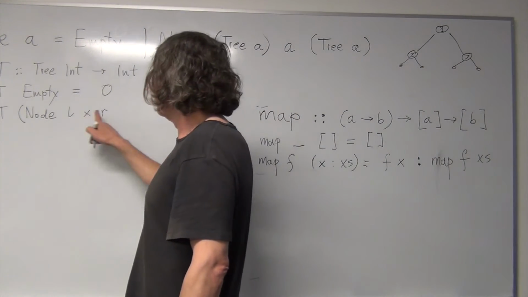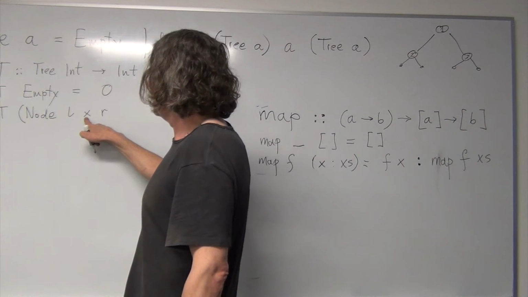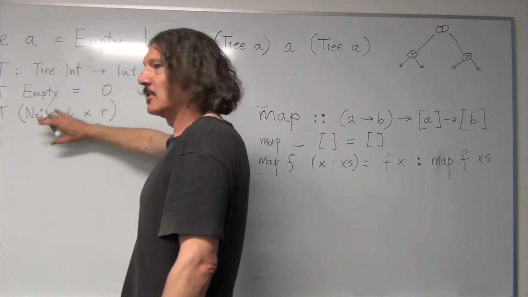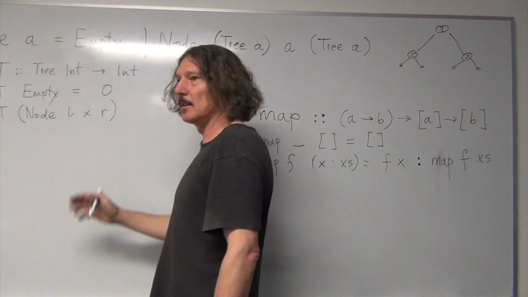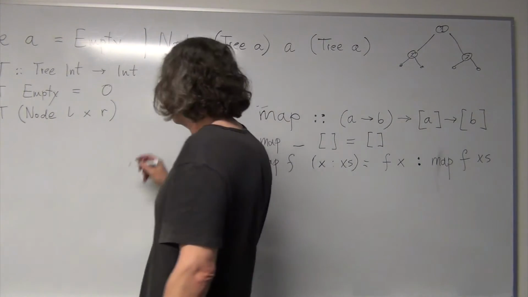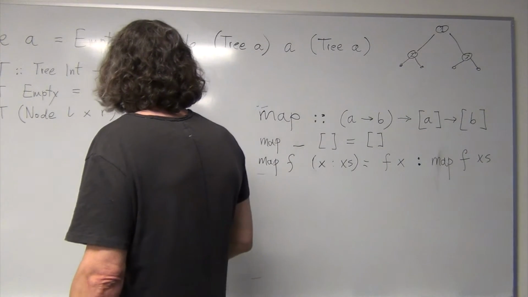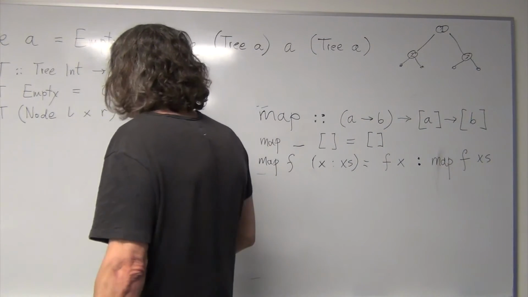This is a tree. This is a tree. This is a value of type A. I'm matching this and extracting two trees and one value from this node. And this is also boring, right?